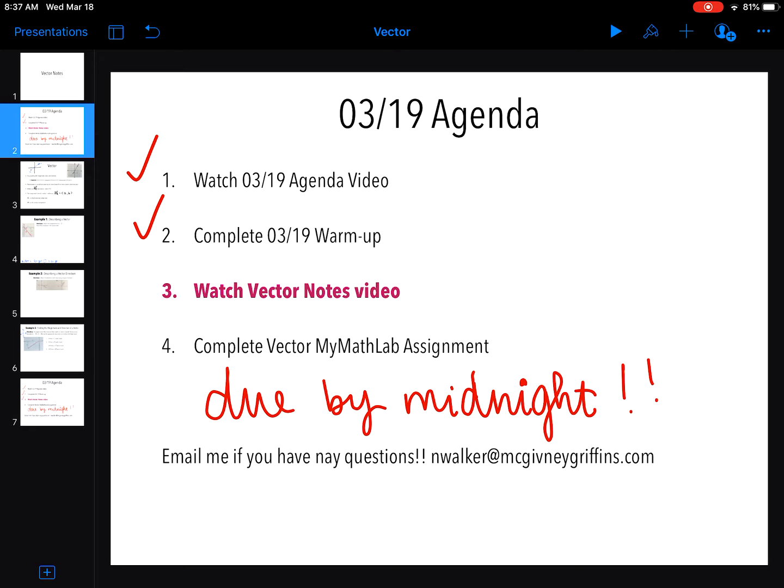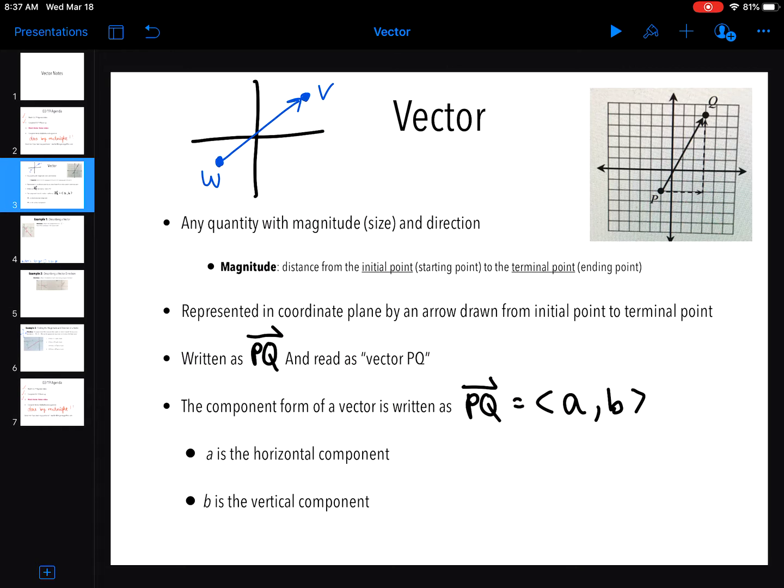All right, so what is a vector? Well, it's going to be bringing back some of that coordinate plane action that we are starting with transformations. And a vector is described as any quantity with a magnitude, a size, and direction. That's the most basic definition for a vector. You will most commonly visualize it as that image in the upper left corner.